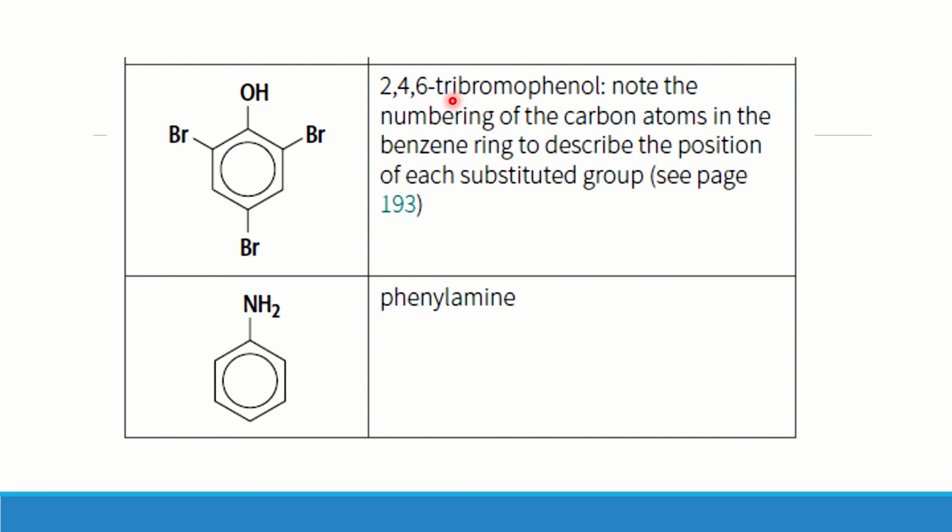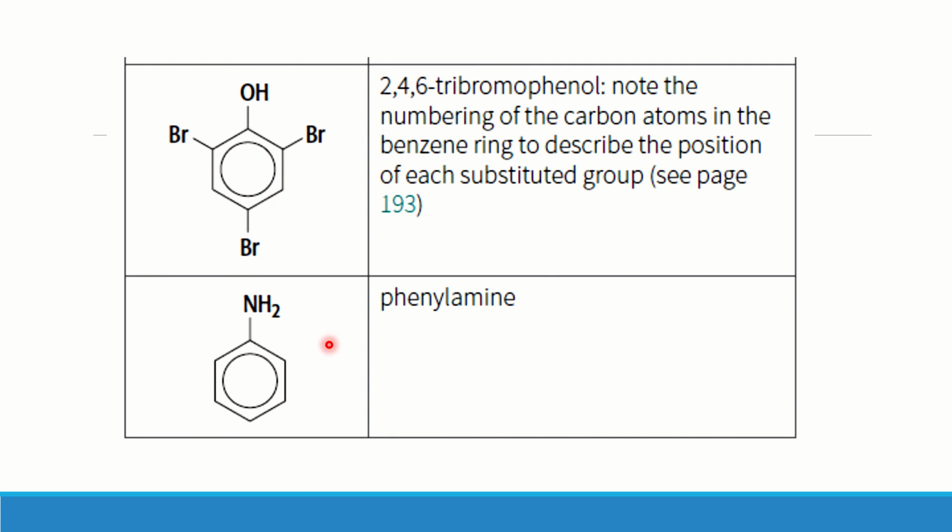You have three of the same thing. So you call it tribromo because of this Br, and the parent chain is phenol. So 2,4,6-tribromophenol. Note the numbering of carbon atoms in the benzene ring to describe the position. You have to give the lowest numbering, and the parent chain gets the first number.